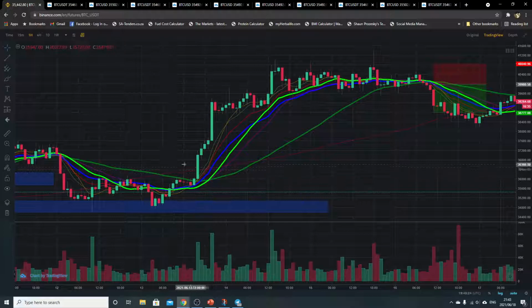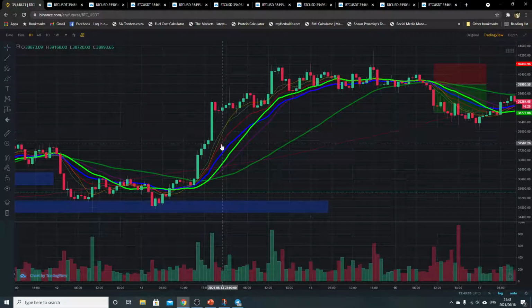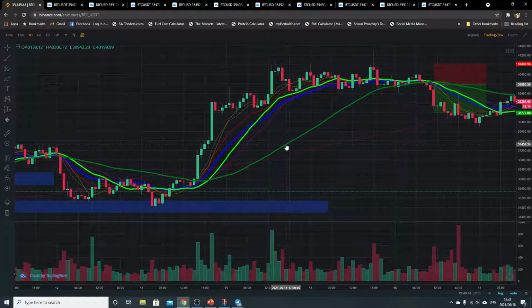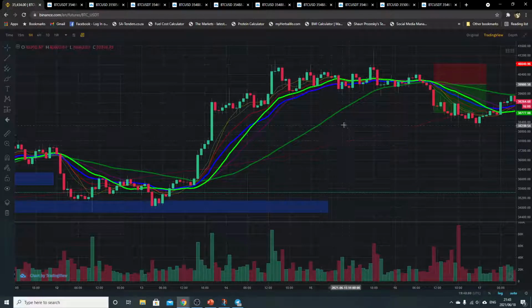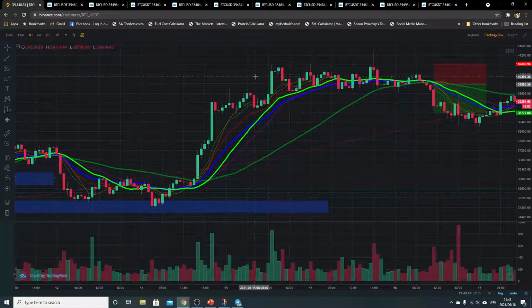That little squeeze pushed the price up, because all the lower moving averages, the 9, the 14, the 15, the 16, whatever you want to use, the 21, the 20, all squeezed together and then pushed the price up. Now the larger moving averages, like the 50 and the 100, are in their rightful place and not twisted upside down. Price soars and goes up.